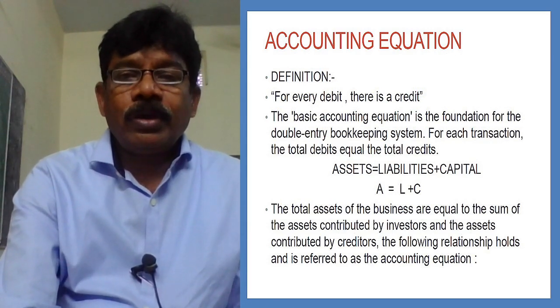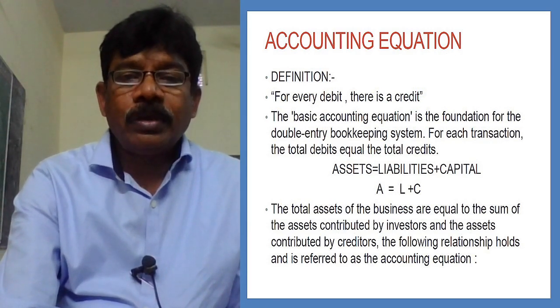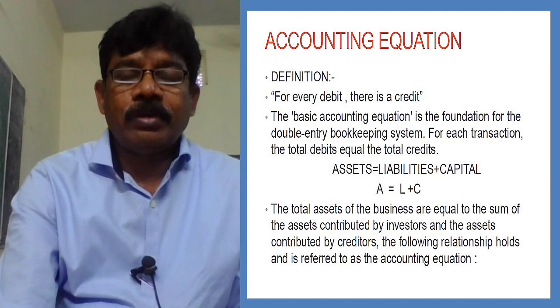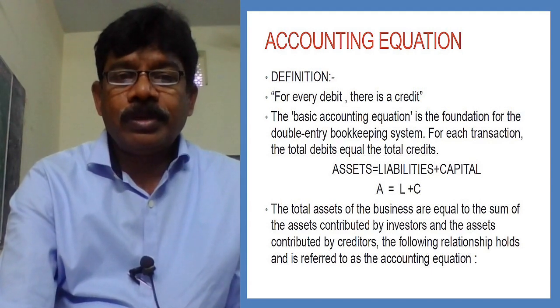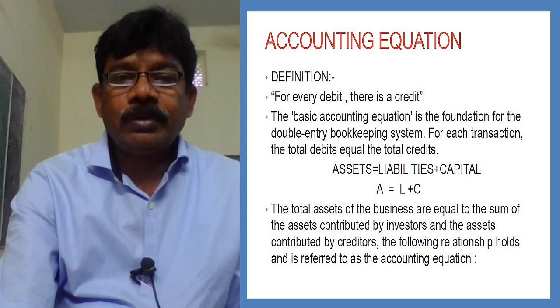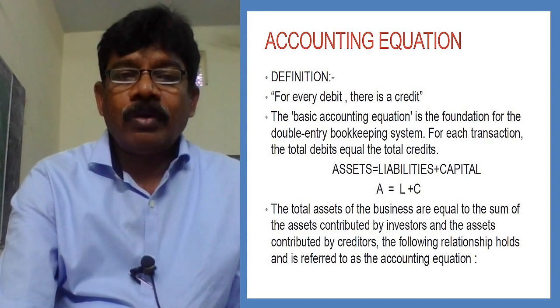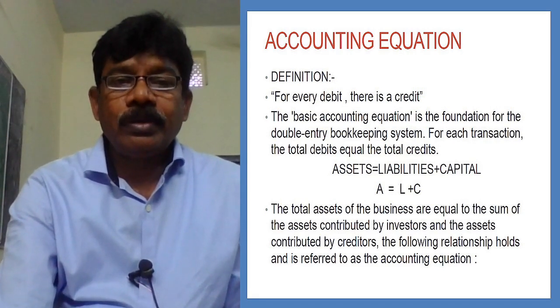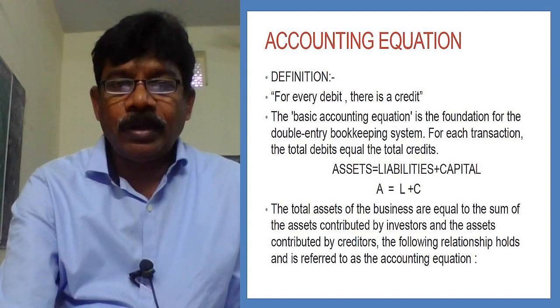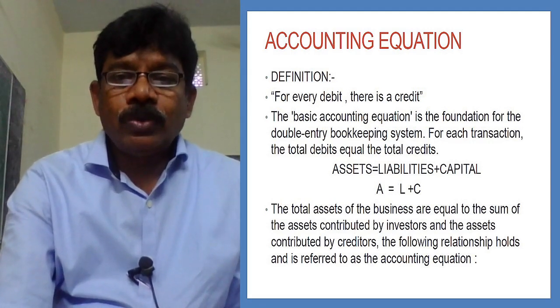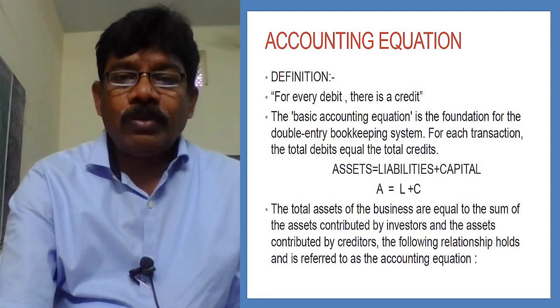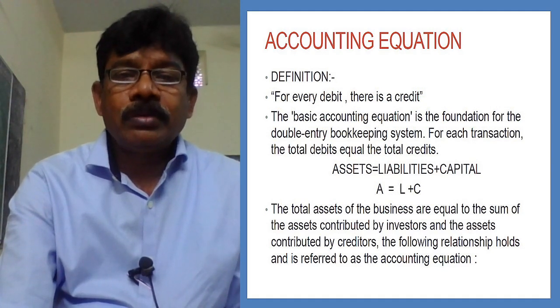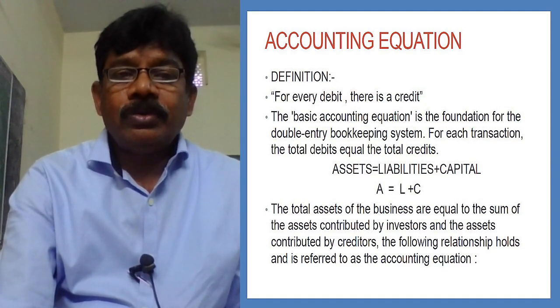The basic accounting equation is the foundation for the double entry bookkeeping system. The accounting concept we learned, dual aspect, says debit is equal to credit. For every debit there is a corresponding credit, which we learned at intermediate level also. So this accounting equation is based on dual aspect.